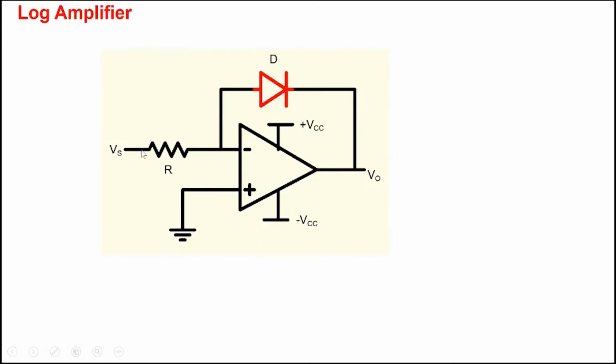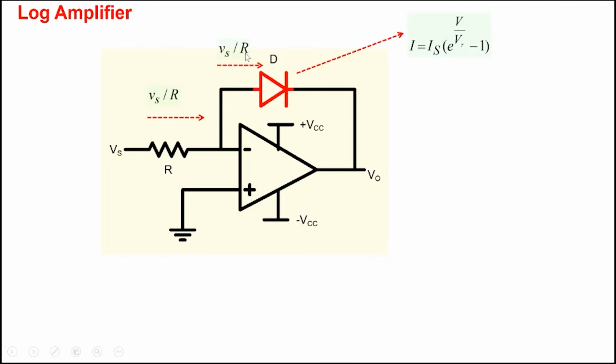Well, we can take a log of a signal. For that, we use a diode because it has an exponential characteristic. We assume the diode characteristic is I equals Is times e to the power V by Vt minus 1, an ideal diode with an ideality factor of 1. Once again, the current here is Vs by R, and the same current flows through the diode.